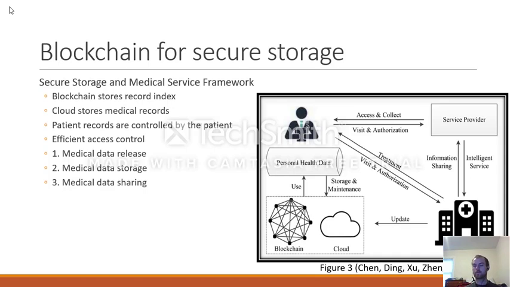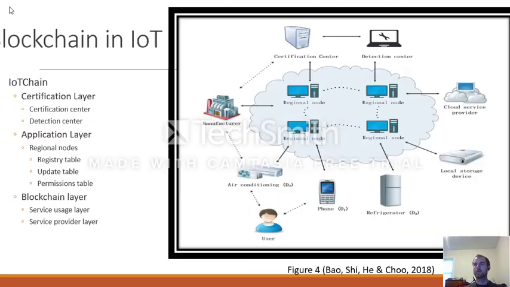So, blockchain in the IoT sphere, one system that has been built is the IoT chain. It has sort of a three-layered approach, and you can see in the image right there, there's a certification layer, an application layer, and a blockchain layer.